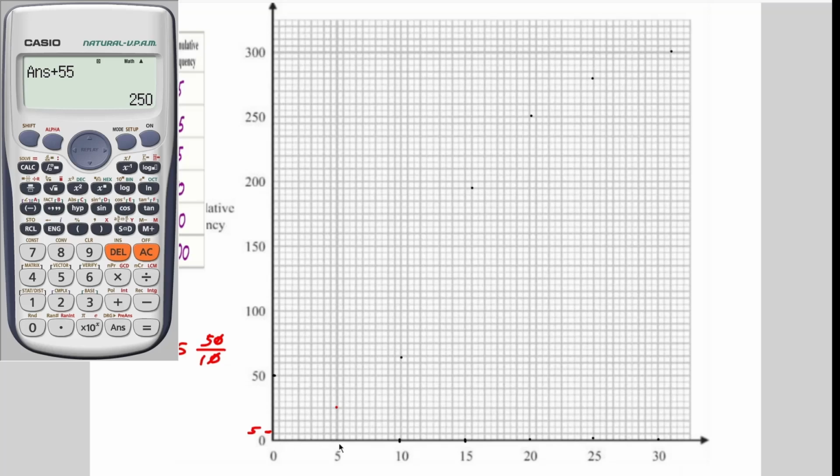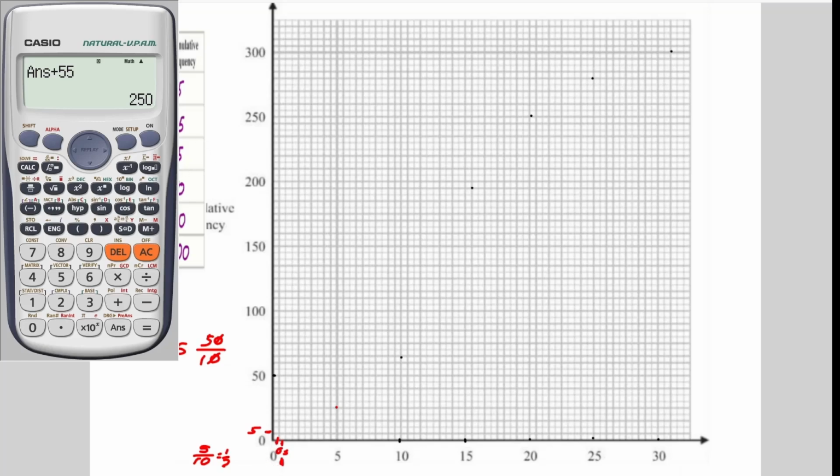On this side, 5 squares is 5 units, and 10 squares means half. So one square represents 0.5 units. It means once you pass 2 squares, that is 1 unit.